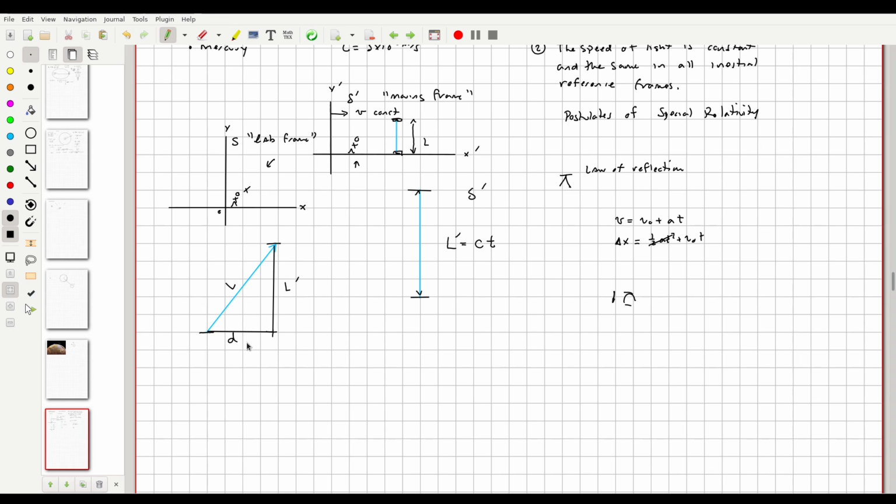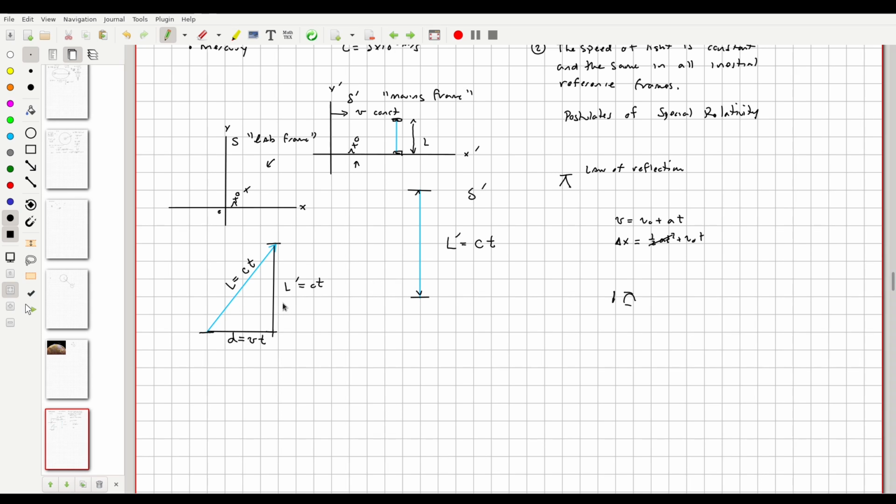We have D, which is the speed that the person is traveling at times how long it took them to get from here to here, which is incidentally the same amount of time it takes for the light to get from here to here. And then you have the path that light took according to the person in the lab frame, which would be, since it's the speed of light, c times t. c times t and v times t. Oh, now there's something going on here.